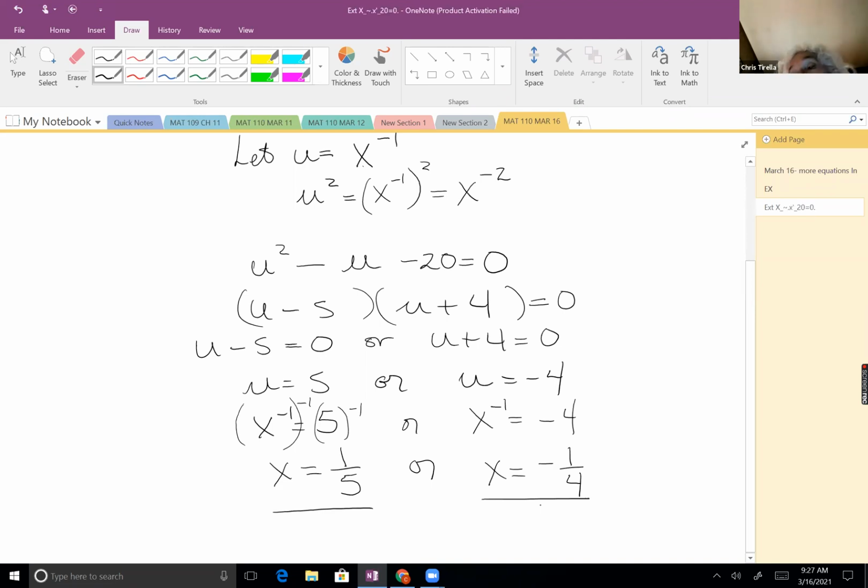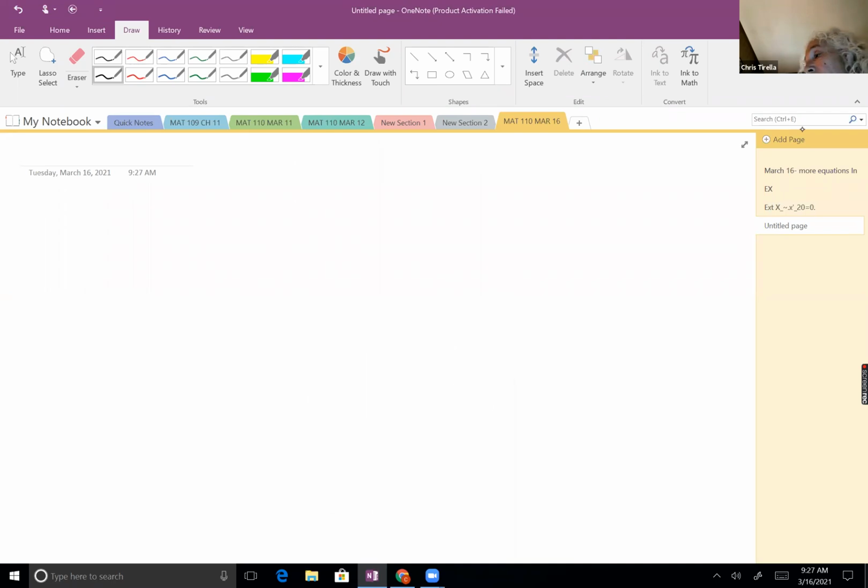Everybody okay with these? Any questions? If not, the next type of equations that we're going to look at are absolute value equations.